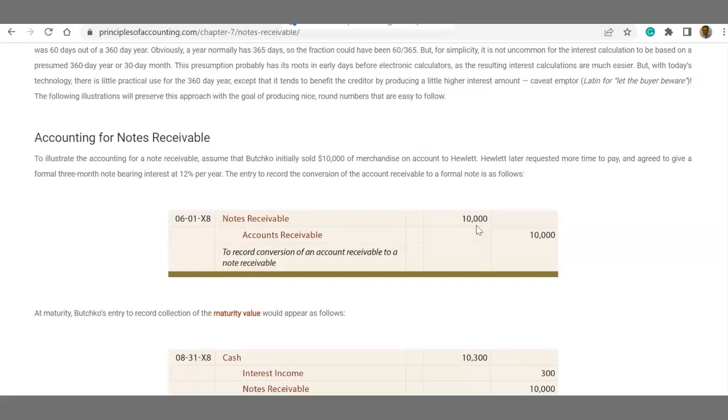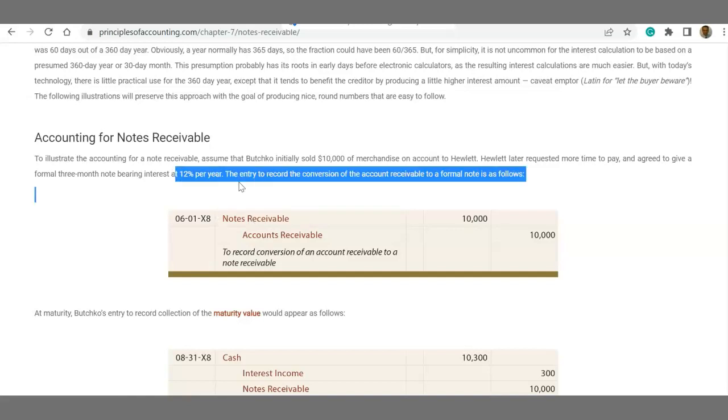So the client will sign the note and gets another 60 days to pay this note, but this time the client has to pay interest. So 12% annual interest rate on the note, and you establish the note, debit note receivable, and you close the accounts receivable in this scenario.